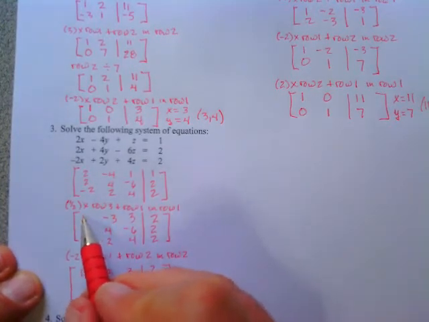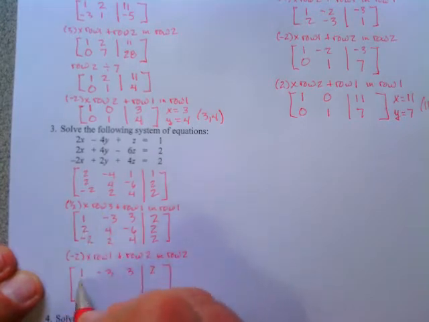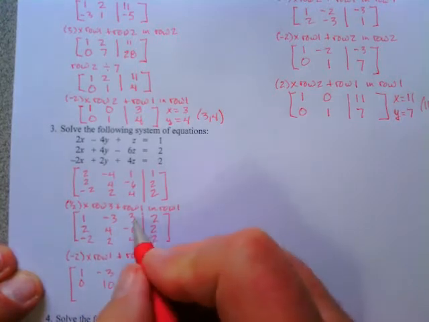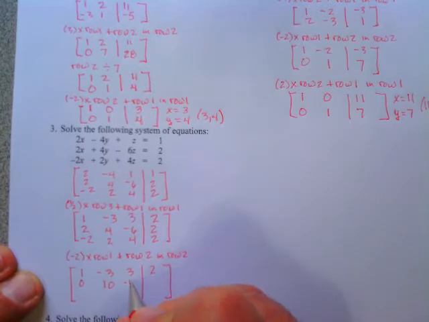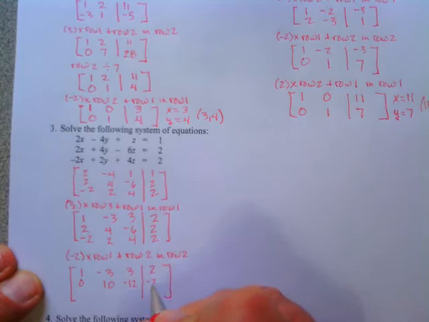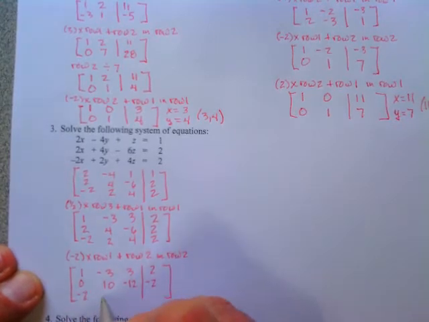But negative 2 times 1 is negative 2 plus 2, 0. Negative 2 times that is 6. 6 and 4, 10. Negative 2 times that is negative 6. Negative 6, that's negative 12. Negative 2, that's negative 4. Negative 4 and 2, negative 2. Did not change row 3 at this point.